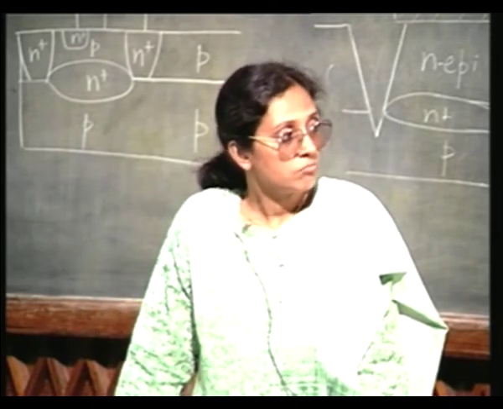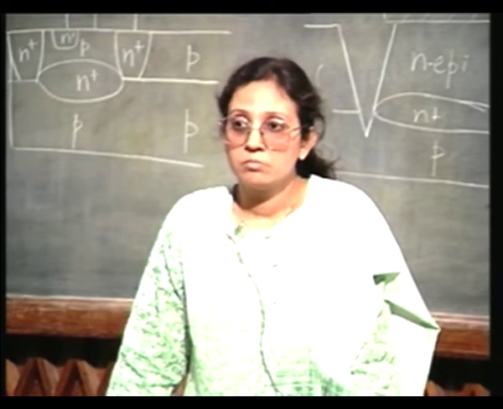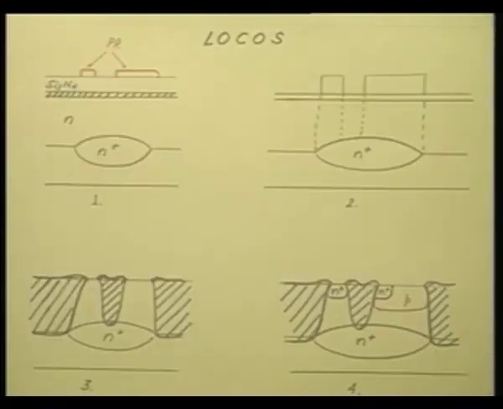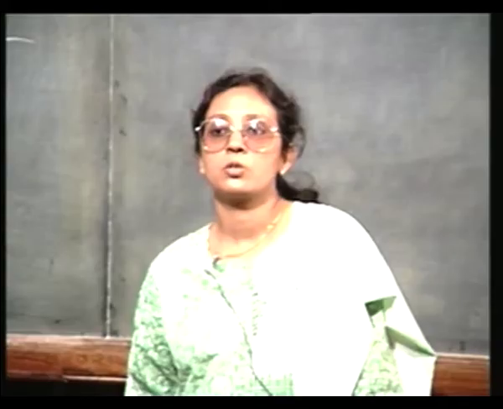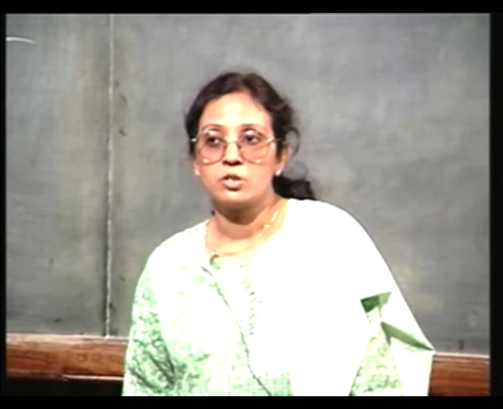Sometimes even LOCOS cannot answer the description, because when the device dimensions become very small, this encroachment problem becomes a bit severe, the bird's beak problem, that is how the oxide is encroaching underneath the regions protected by silicon nitride. So, then even that may become a problem. In that case one uses a newer technology which is called trench isolation. We will discuss about the trench isolation in the next class.